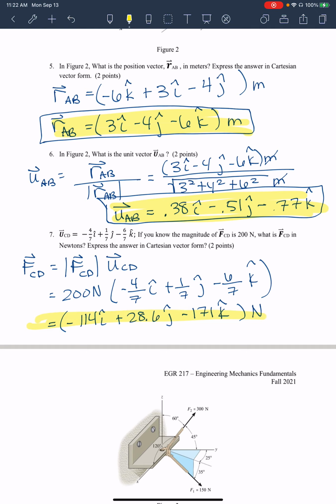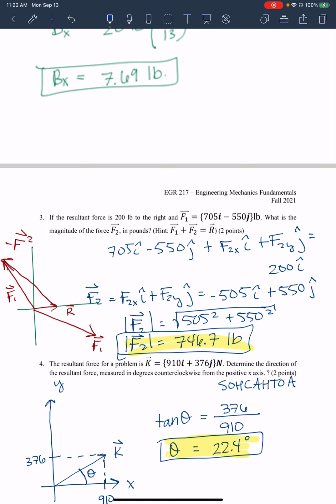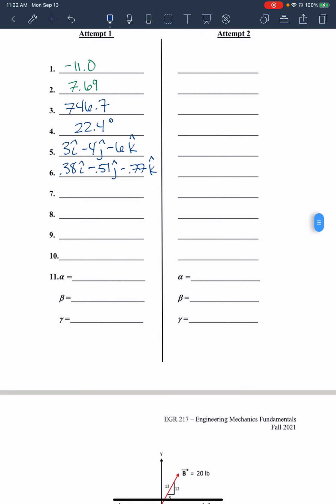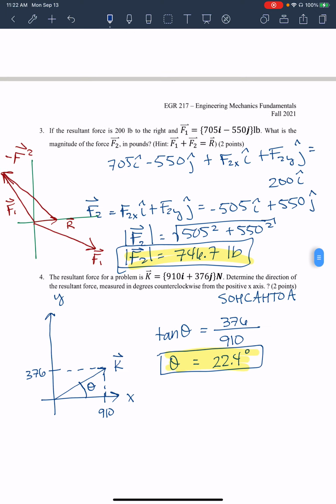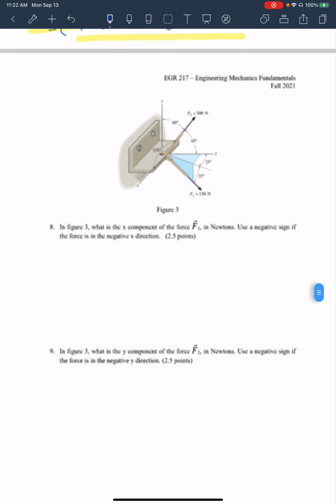So we can just write this part of it on the answer sheet, but if you add newtons, that's fine too. So negative 114i plus 28.6j minus 171k. So that's number 7. Let's go down to number 8.